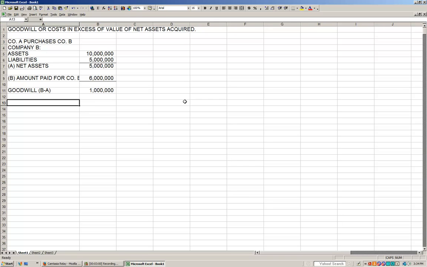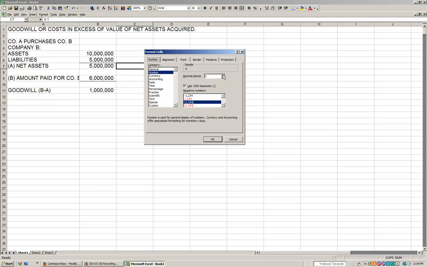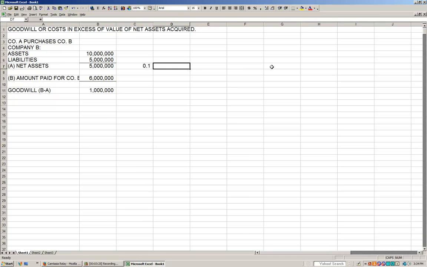So let's say that we believe that a good cost of capital for company B is 10%. So we'll put 10% down, or 0.1. Okay, so our cost of capital is 10%. So if we're going to spend $5 million and we want a minimum 10% return, we would expect to get a return every year of something around $500,000.